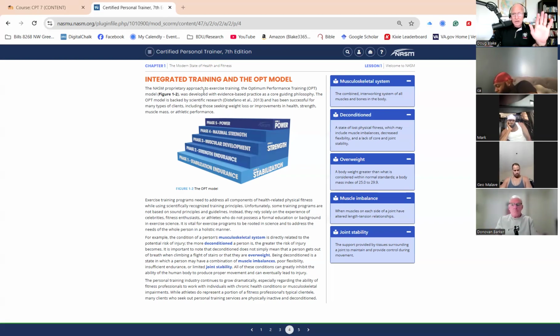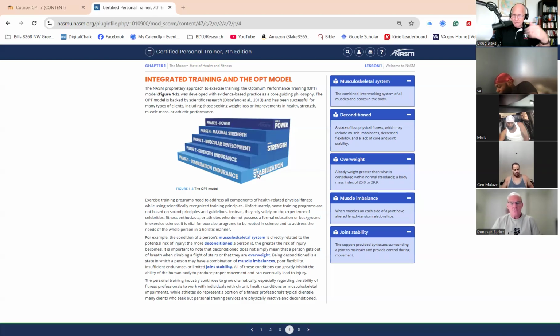Right from chapter 1, you're going to see this throughout the entire 23 chapters. So it's a really good idea to memorize the phases and the levels. Does everybody see this? Got to remember this, because you will be asked a fair number of questions about repetition range, sets, things like that related to the levels. And there are 3 levels in the OPT model.